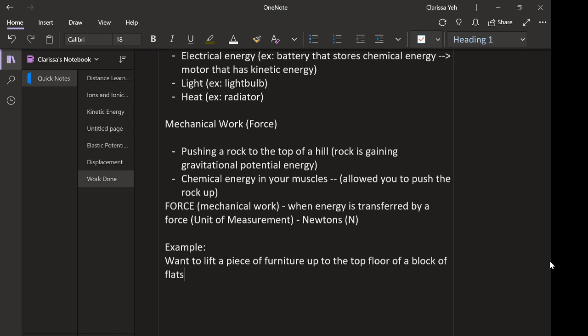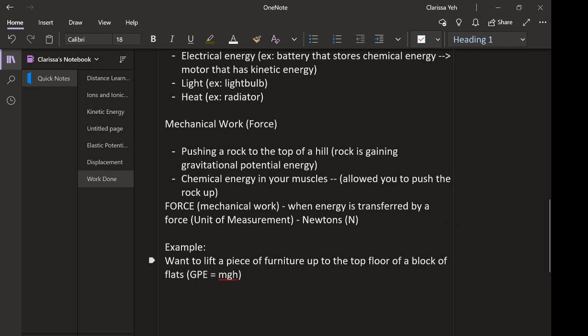Well, I can know how much extra energy that piece of furniture needs to be given, because for it to go up, it needs to gain gravitational potential energy. And remember, GPE equals mgh.